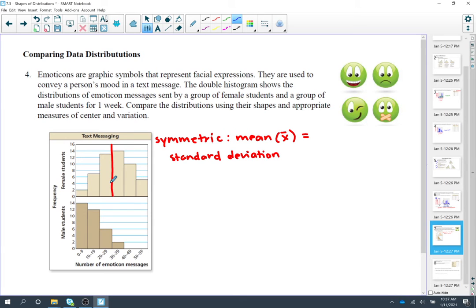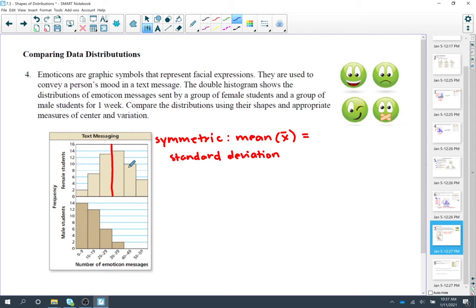But keep in mind that these are frequencies. So do you notice that more, actually like 14 female students are using between 30 and 39 versus only maybe like 13 are using between 20 and 29, and that these bars over here are slightly higher.